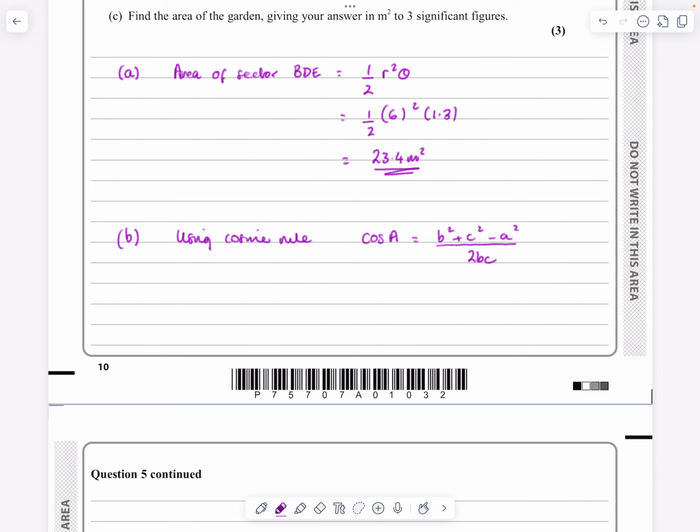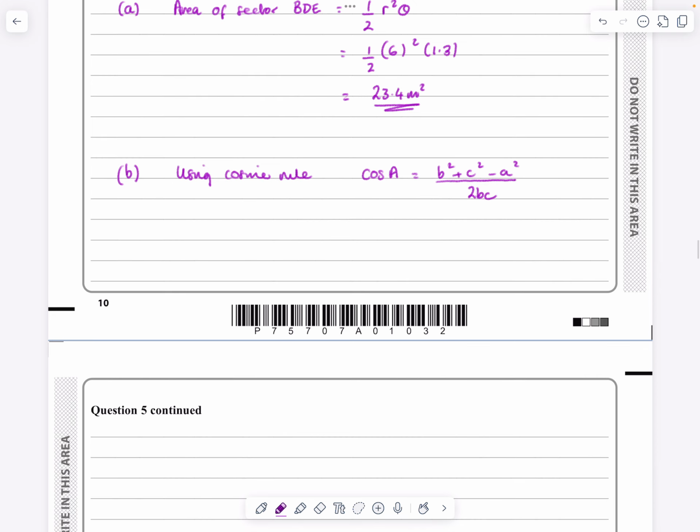This is one of the things that you need to learn because it's not in the formula booklet, just rearranging the cosine rule. So in this case, this is going to be 6 squared plus 10.8 squared minus 12.2 squared, all divided by 2 times 6 times 10.8.